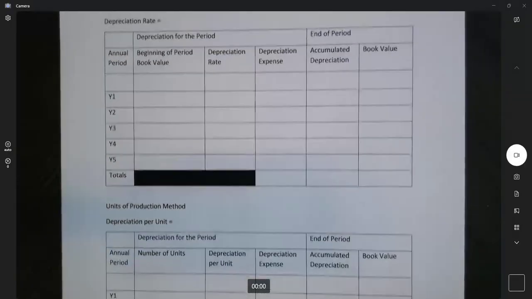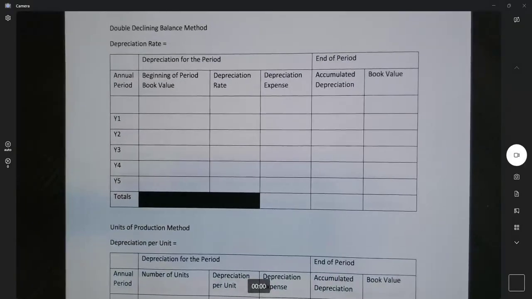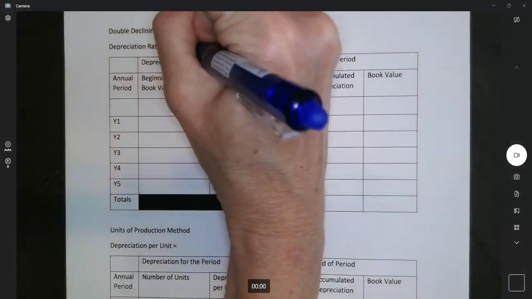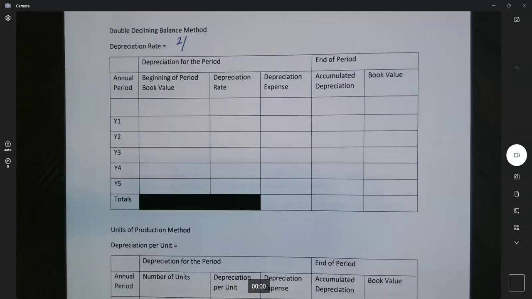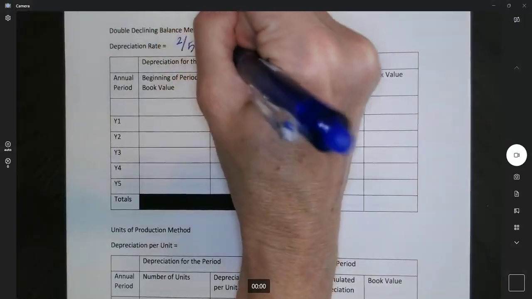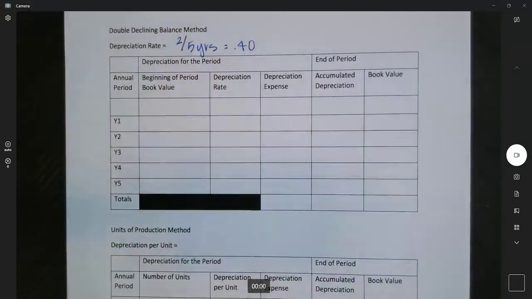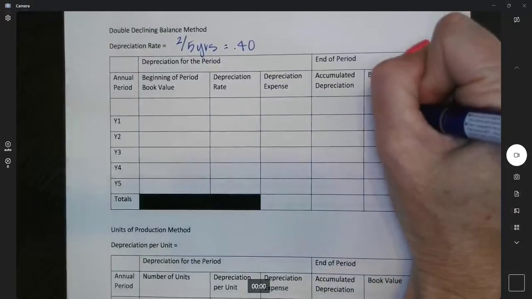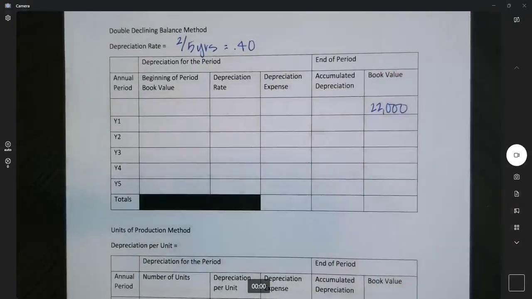Next up, we'll look at declining balance, double declining balance method. To determine the depreciation rate, we take 2 divided by, how many years was it? 5 years. We'll get 0.40. All right, so book value at the beginning was 22,000.